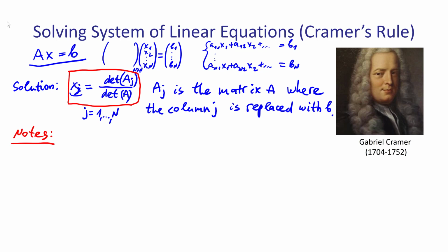So, note number 1: if the determinant of A does not equal 0, this means that you actually can divide by that thing, and this will not be infinity or anything like that. Then we will have a single solution.